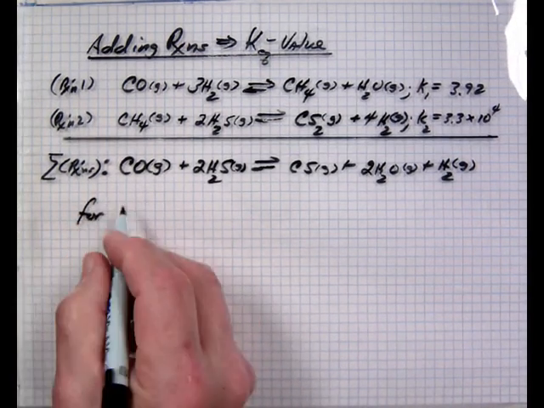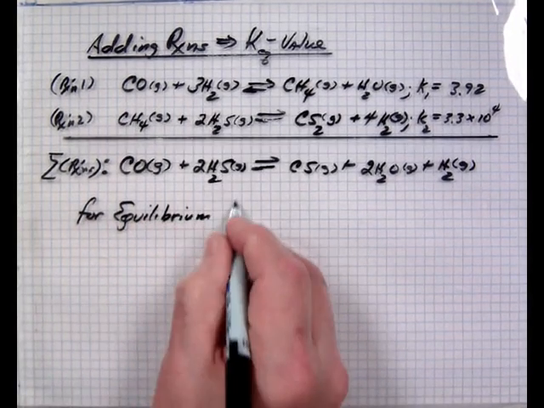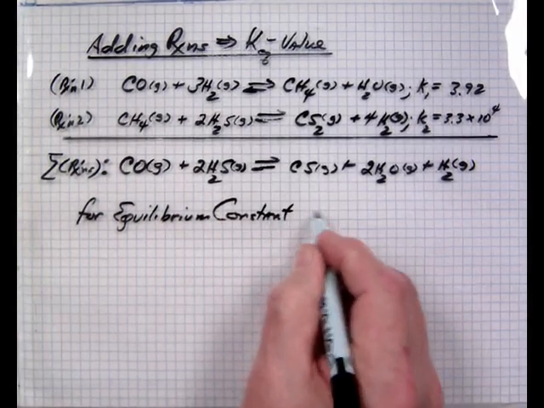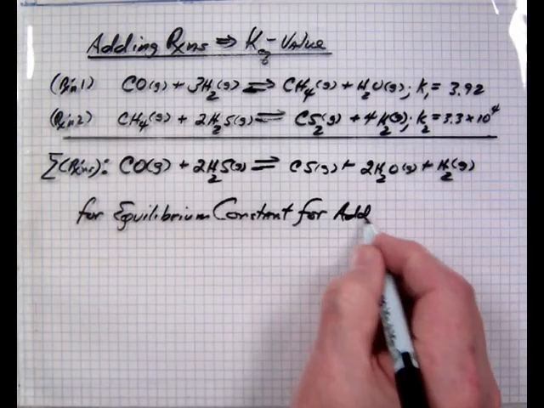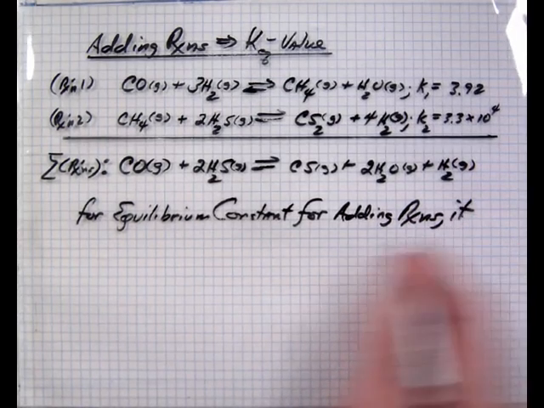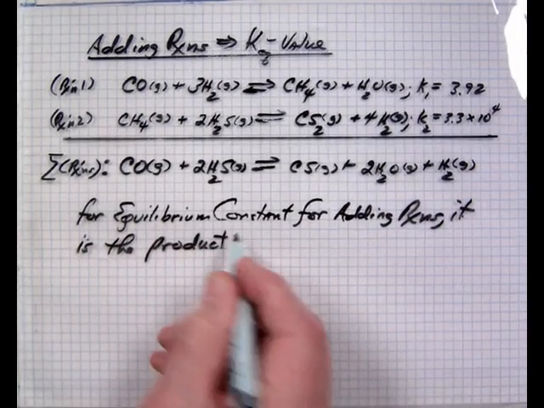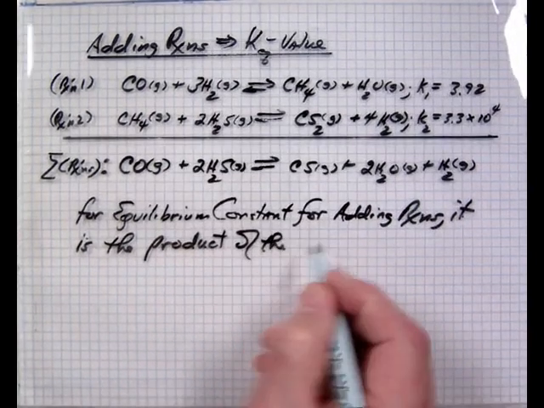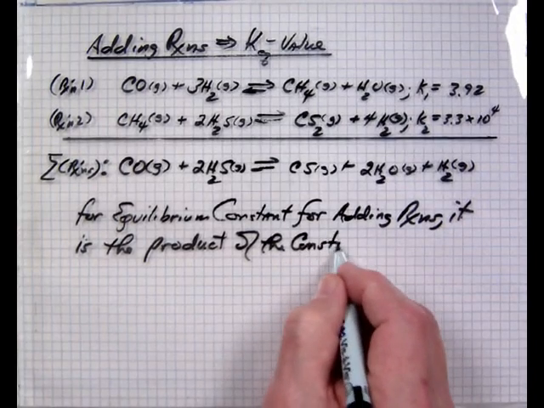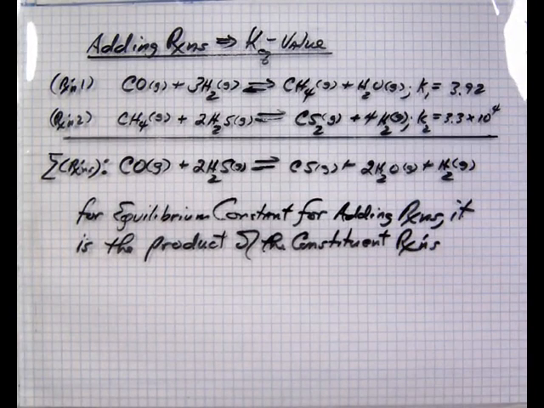The equilibrium constant for adding reactions is the product of the constituent reactions. That's the ultimate thing I'm trying to get to.